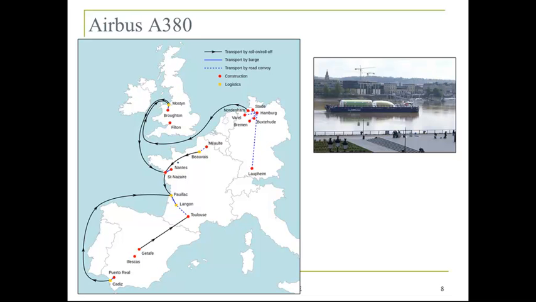This is where the final assembly of the Airbus happens. But as you can see, there are a lot of things happening in different cities, and you need to plan in order to receive those parts on time for the final assembly.